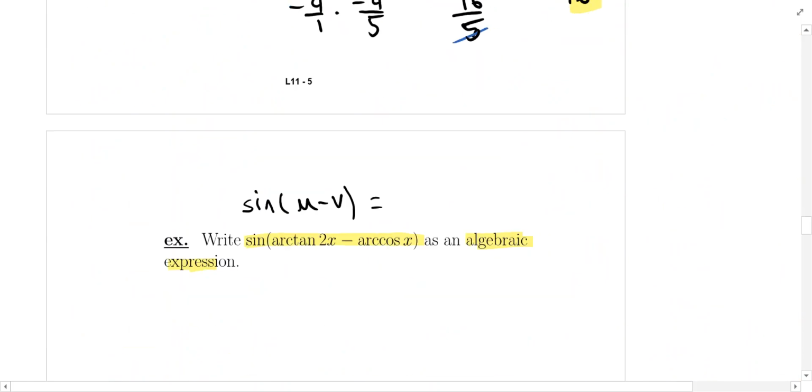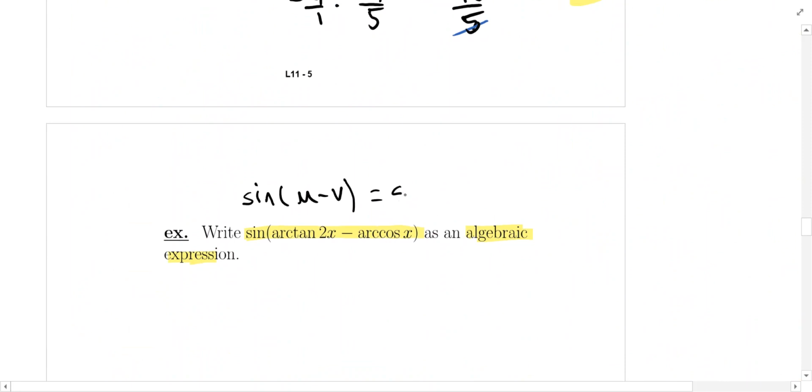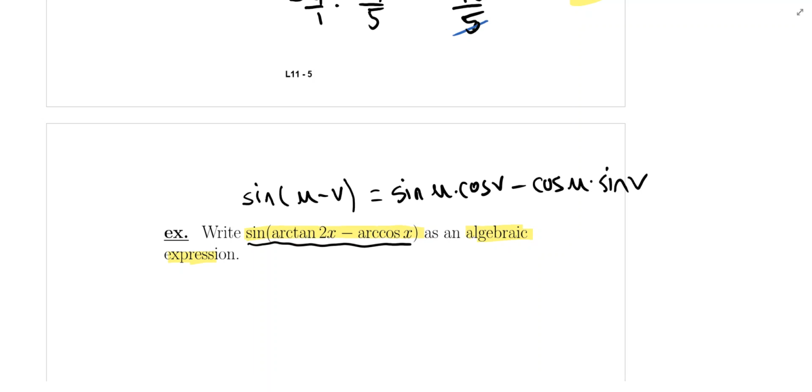All right, so let's just write it here. So sine of the first times cosine of the second minus cosine of the first times sine of the second. So now you're like, but mine doesn't look like this. So what do I do now? Okay, well, how can I make it look like this? Well, we're going to let this equal u, and we're going to let this equal v.